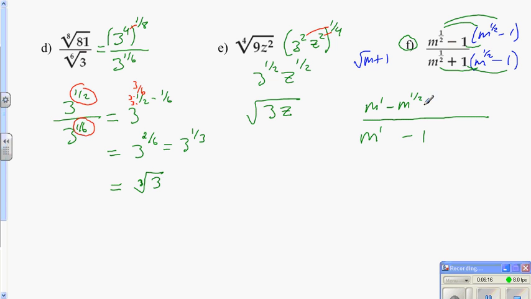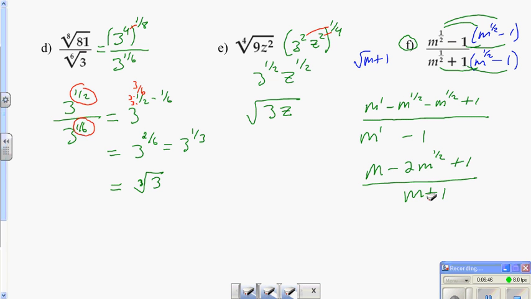Inside is -m to the half. And last is +1. This gives us m minus 2 m to the half plus 1 all over m minus 1. So here's your answer.